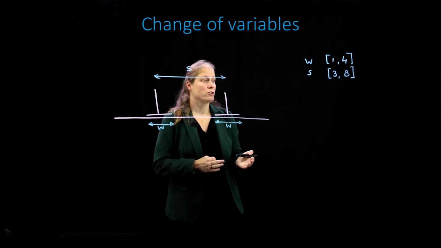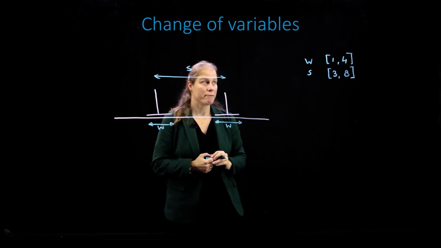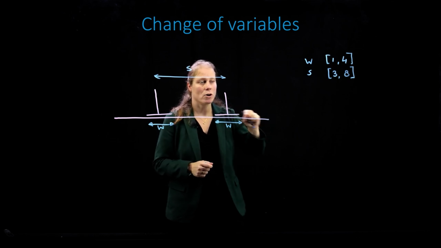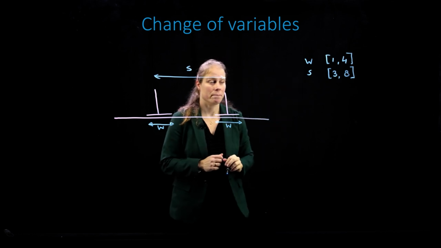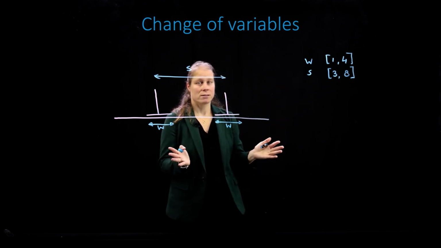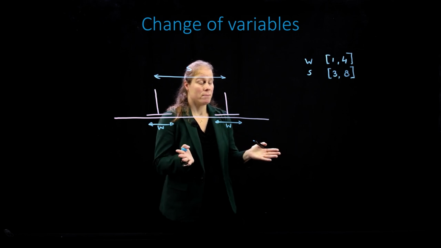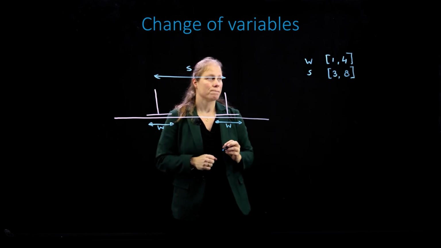Now, when you start an optimization, depending on how you apply it, you might have a design of experiments where you just look at arbitrary combinations of your spacing and your width and try to evaluate whatever it is that you're evaluating. Might be weight, might be strength, might be buckling load, whatever it is.